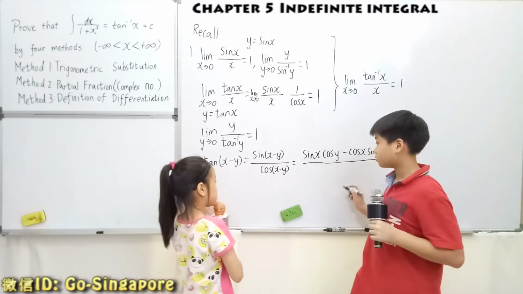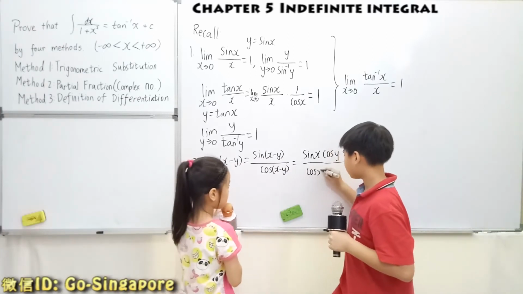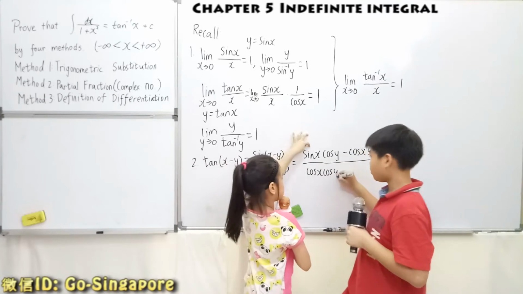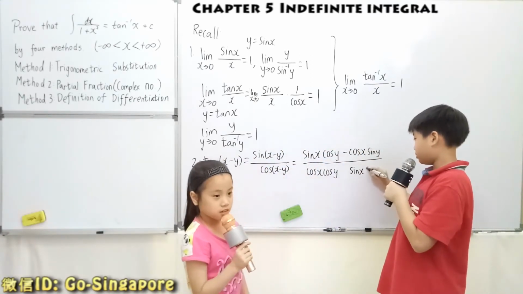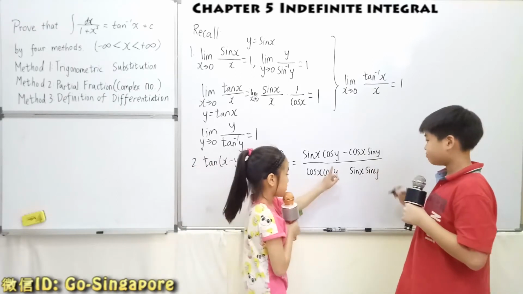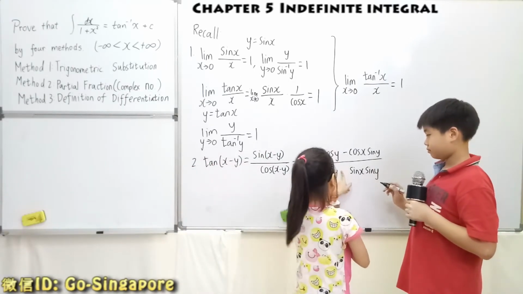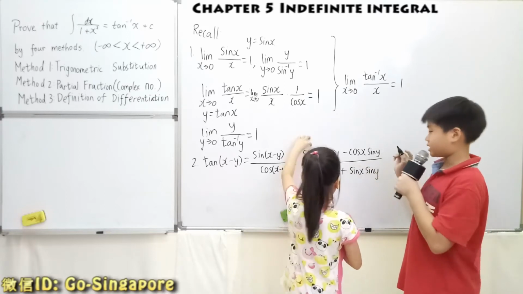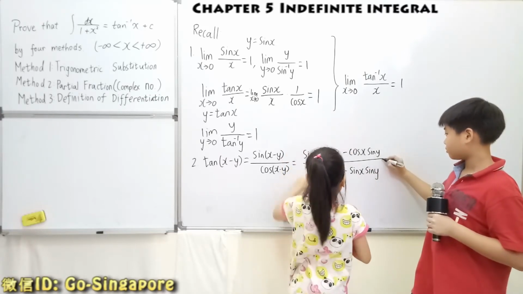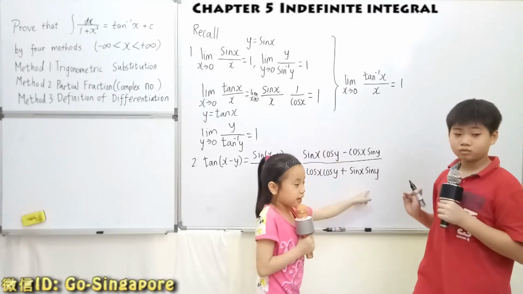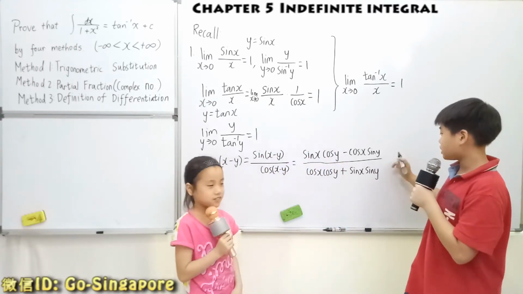So cosine, cosine, sine, sine. At first, this is sine, cosine, cosine, sine. What's missing? So actually, this should be a plus. Yes. So then it is sine cosine minus cosine sine, over cosine cosine plus sine sine. So right now, numerator, denominator.